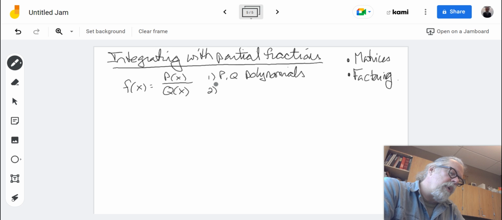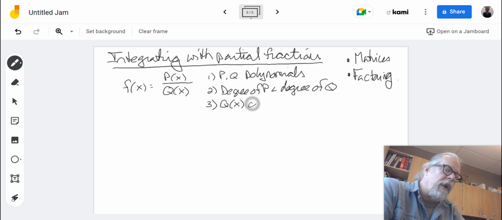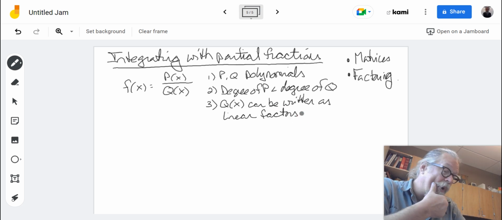Thing two, the degree of p is less than the degree of q. And thing three, q of x can be written as linear factors. Hence the requirement to be able to factorize a polynomial.